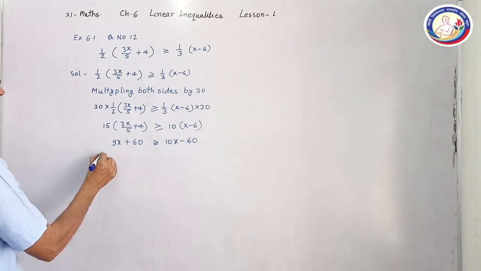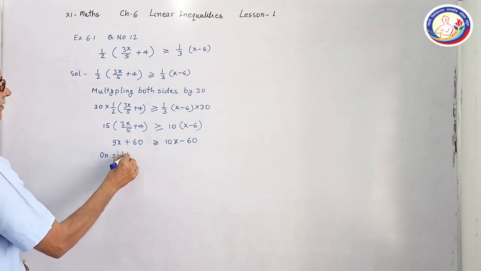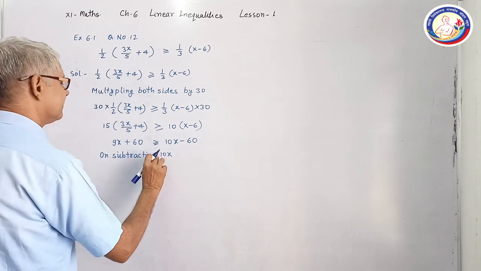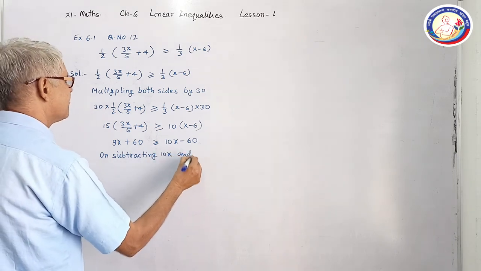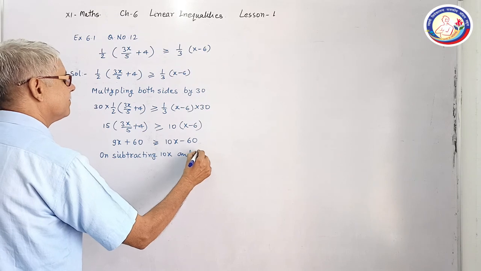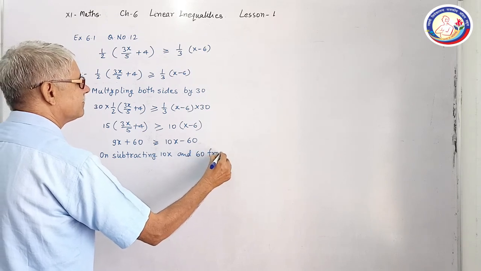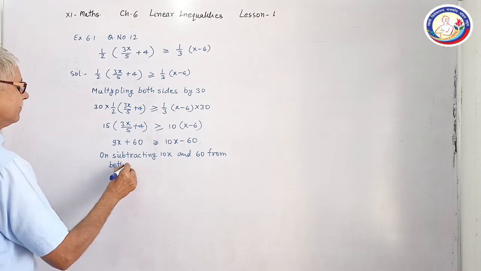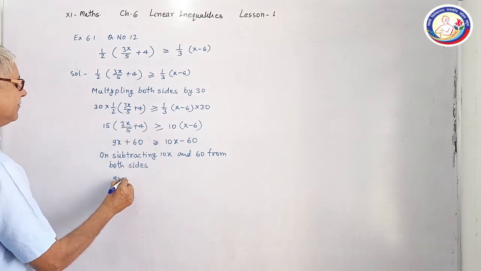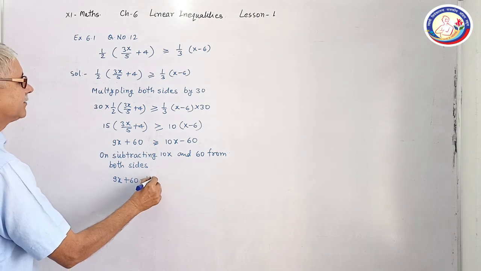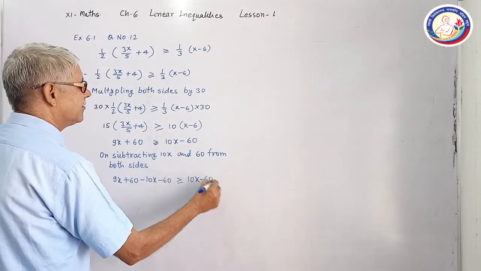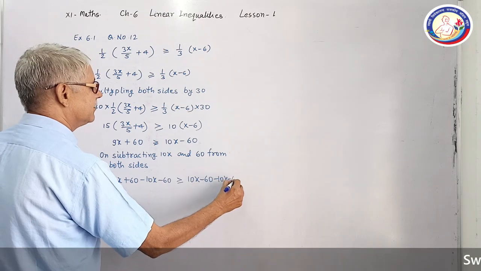So on subtracting 10x and 60 from both sides, we shall have 9x plus 60 minus 10x minus 60 is greater than or equal to 10x minus 60 minus 10x minus 60.